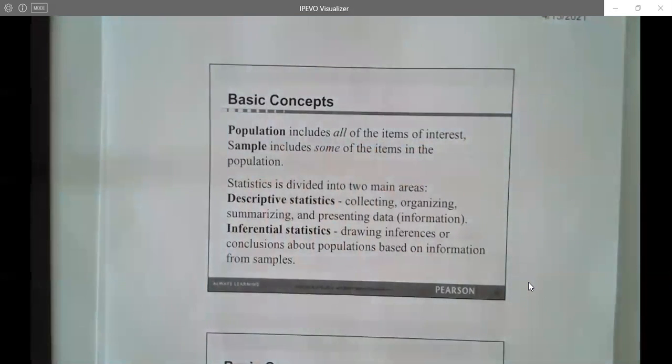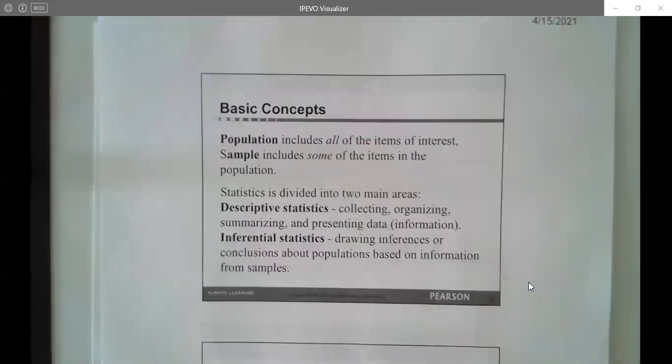So if we wanted to take a sample of Livingstone College math students, we could take a sample of students that are just in this class. So that's the difference between population and sample.